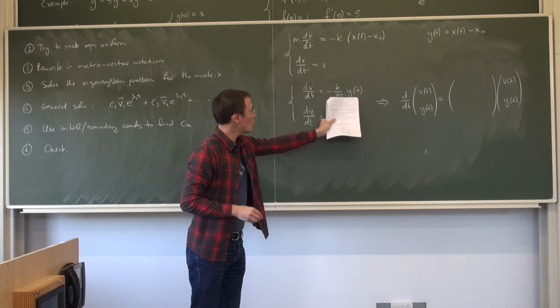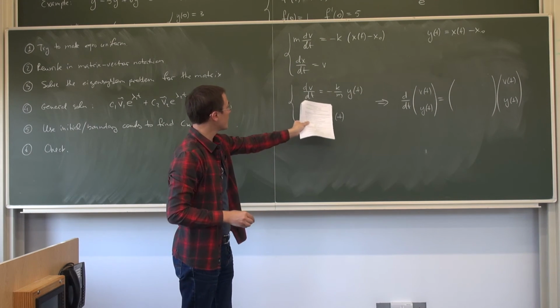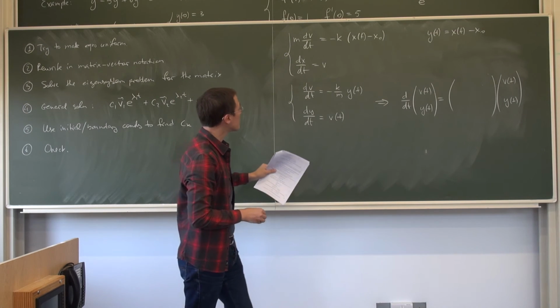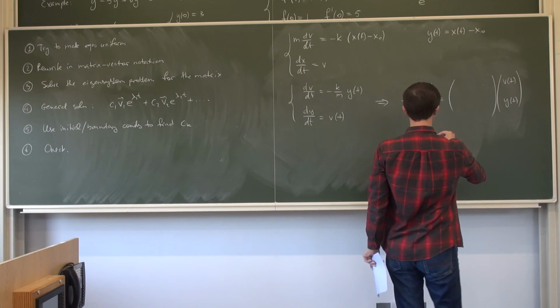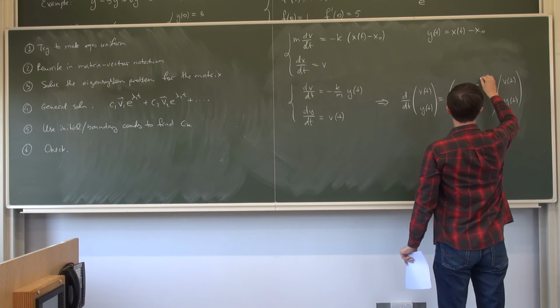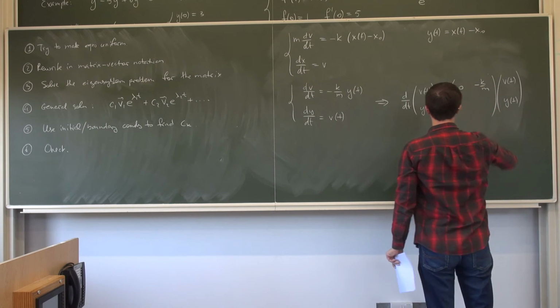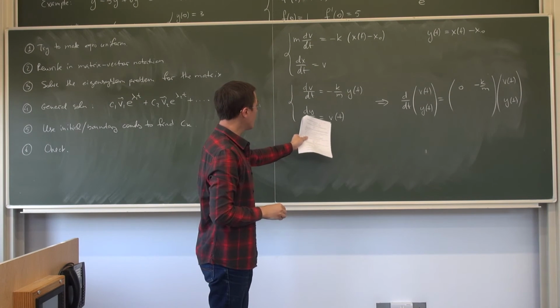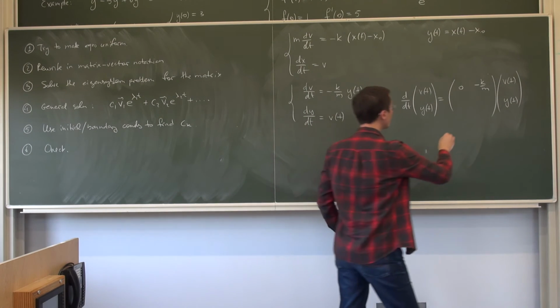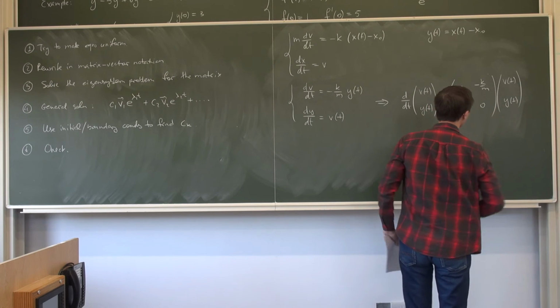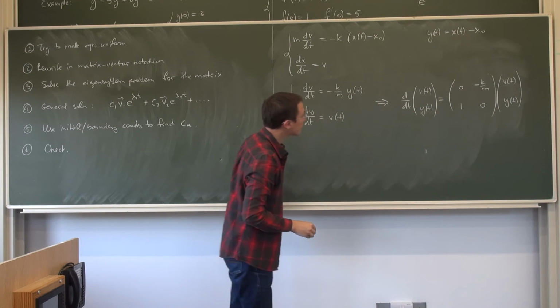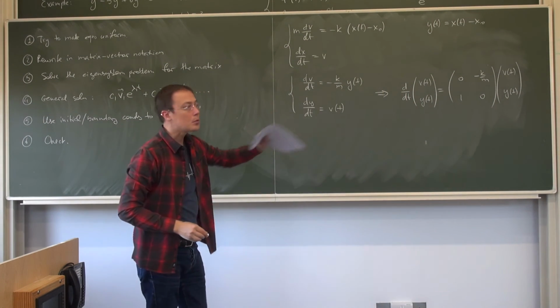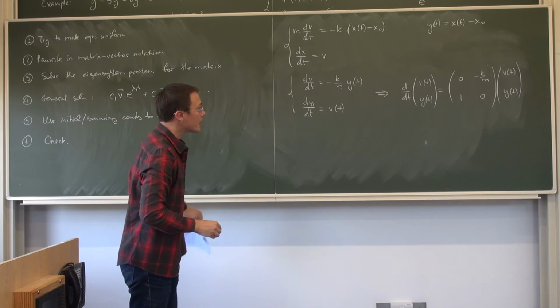This multiplies y by that and v by 0. So that will be minus k over m, 0. This multiplies v by 1 and y by 0: 1, 0. That is our matrix, and that is Newton's equation in the matrix form.